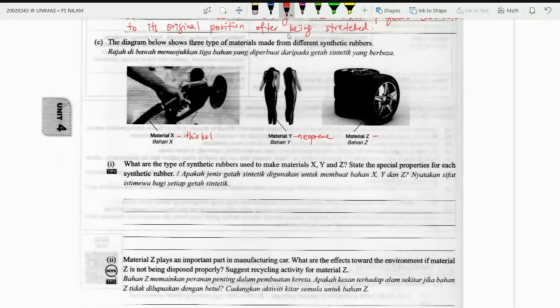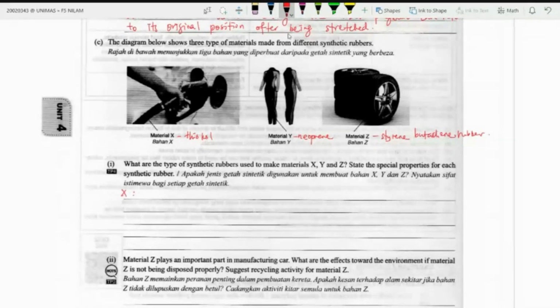How about Z? Styrene, butadiene, rubber. Okay, very good. So what are the type of XYZ? I already mentioned. State the special properties for each synthetic polymer. For your marks here, for material X, you have to mention that it is Thiokol first.